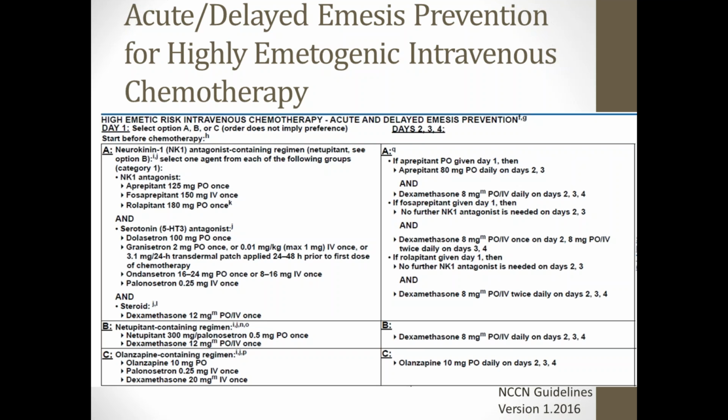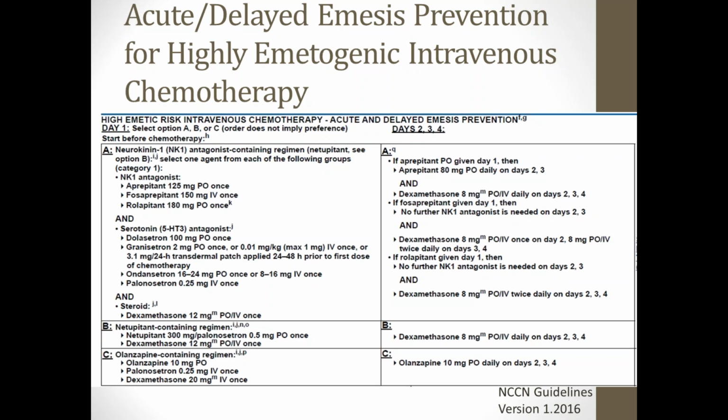You have both PO Emend and IV Emend. You'd want to give them also a 5-HT3 antagonist, which if you're using your highly emetogenic group of drugs, you'd want to typically use Aloxi or palonosetron because that has a longer half-life than Zofran. And then additionally, you'd also want to give your patient a corticosteroid such as dexamethasone.